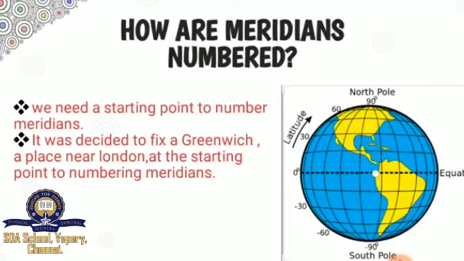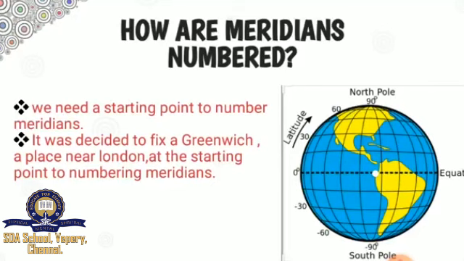The meridians 180 degrees east and 180 degrees west are the same line. So totally there are 360 imaginary lines from east to west. How many lines? 360 imaginary lines from east to west.